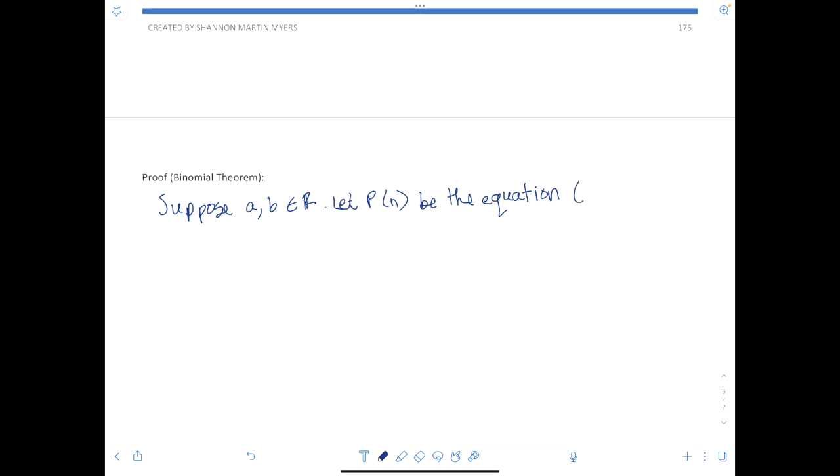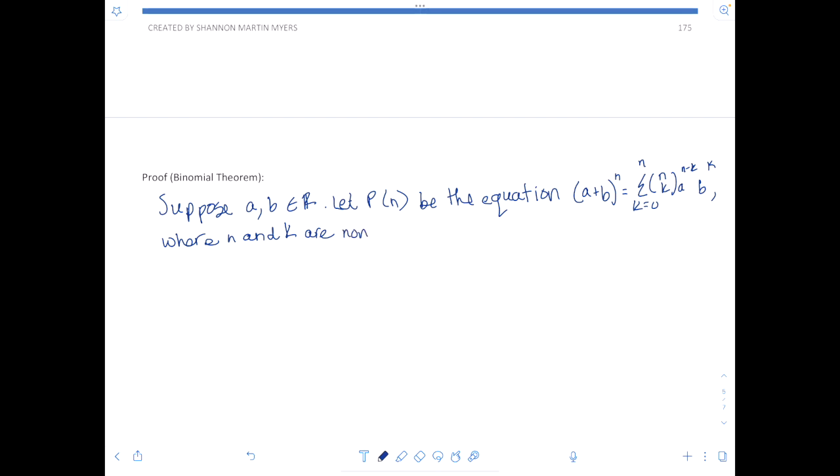So P at n is the equation a plus b raised to the n, which is the summation k is 0 to n, n choose k, a to the n minus k, b to the k, where n and k are non-negative integers.